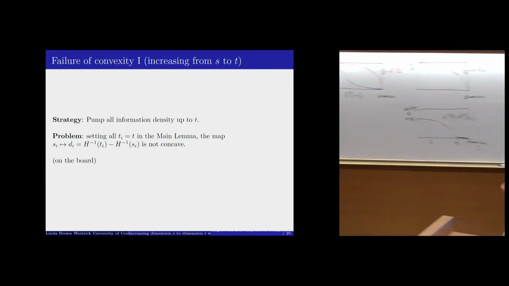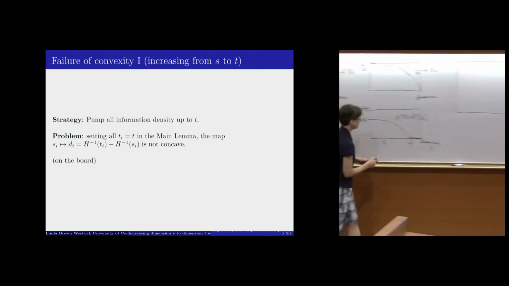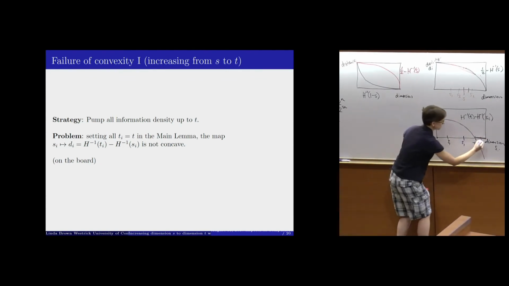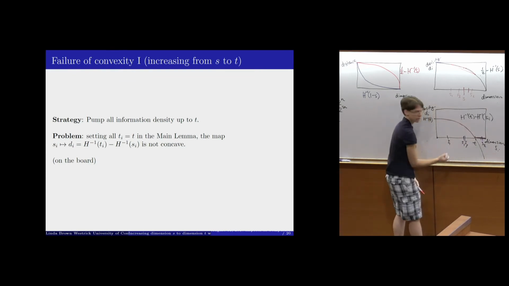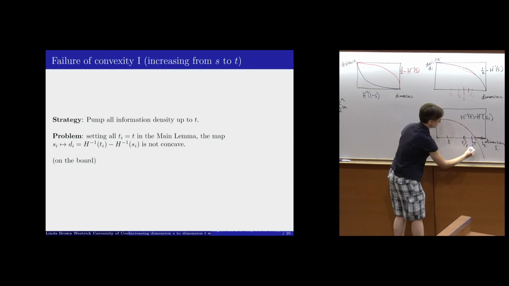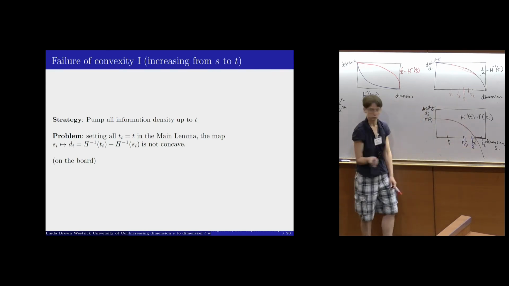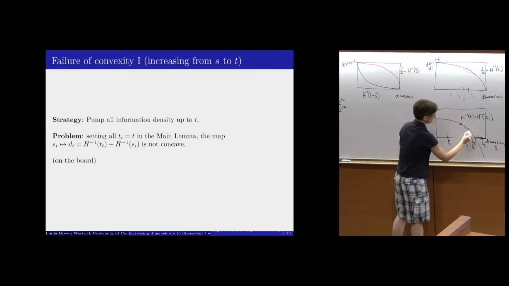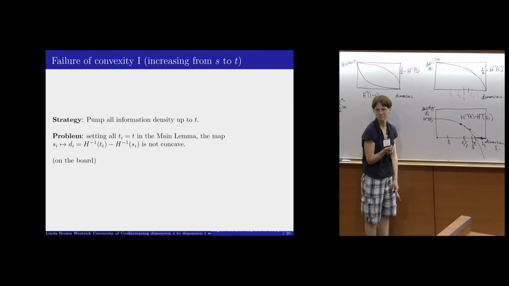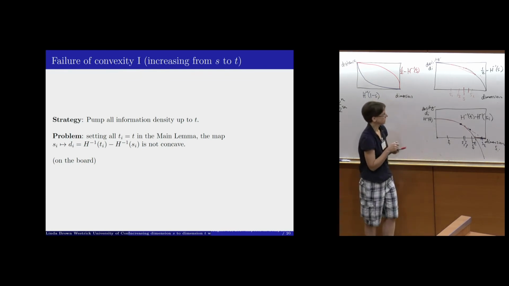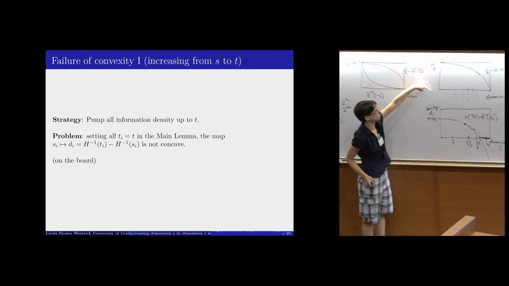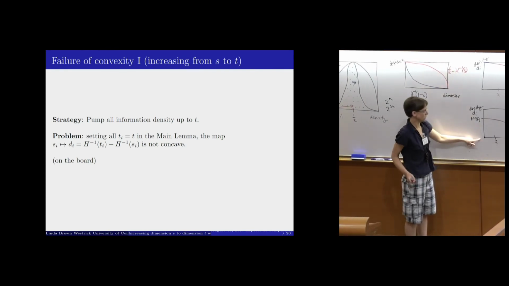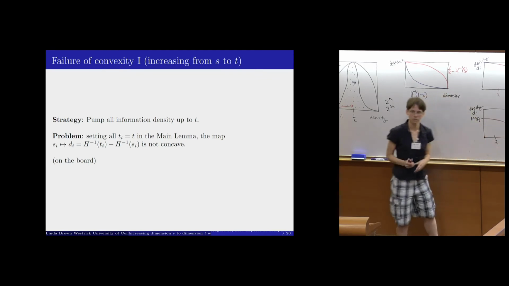And so, of course, the opponent then can mess with you by putting some S1 chunk here, S2 here, S3 here, and so on, back and forth, so that it's ultimately aiming for this effective dimension S, but forcing you to use this distance and this distance again and again for a total average distance of too much. All right, so this same strategy that we used to raise completely up to a random won't work when we're just trying to raise up to dimension t. The opponent can mess with us using the lack of convexity.